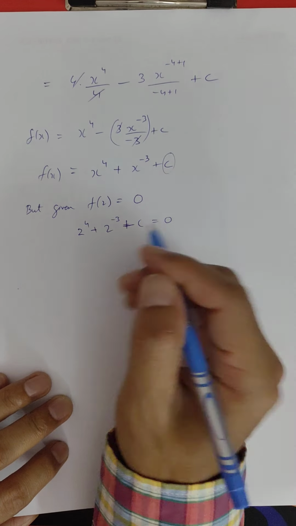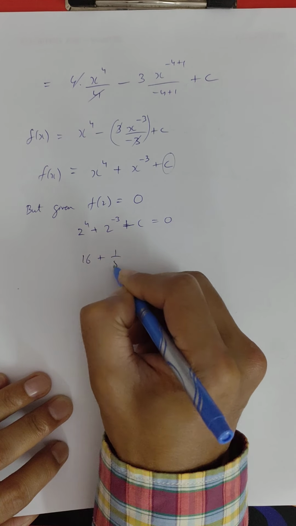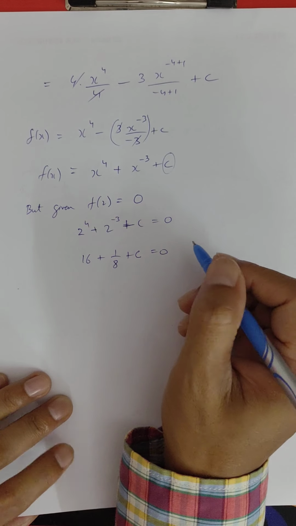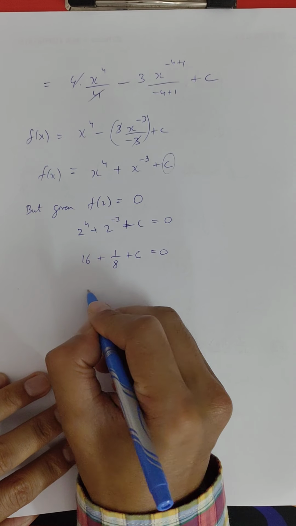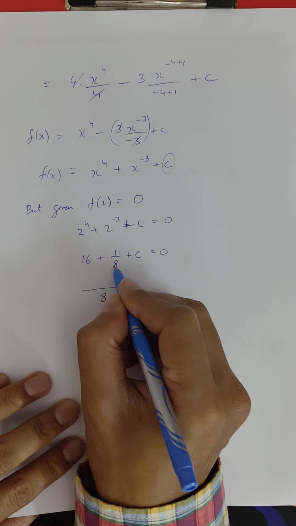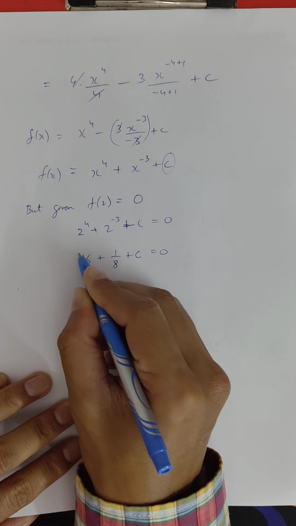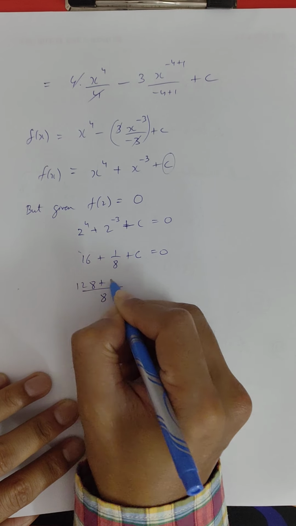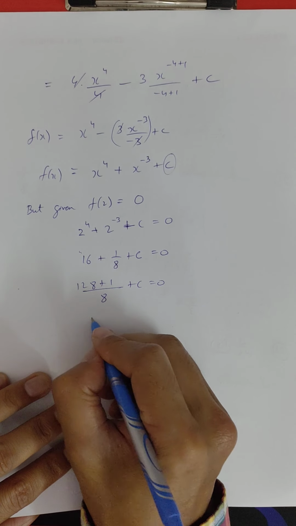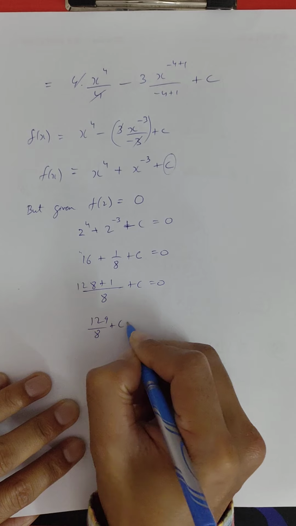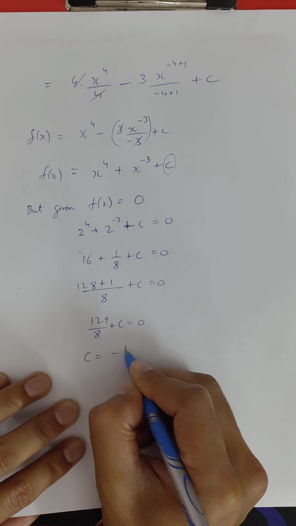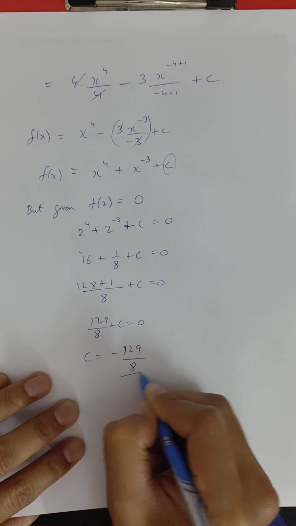So 2 to the 4 is 16, plus 1 by 8, plus c is equal to 0. So LCM 8: 8 sixes are 48, 48 plus 1 is 129. So 129 by 8 plus c equal to 0. That implies c equal to minus 129 by 8.